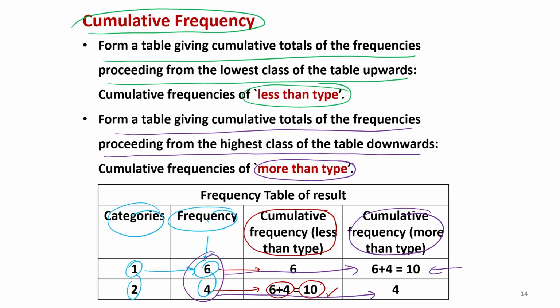So whatever process we followed in the case of less than type, we go the reverse way for the cumulative frequency of more than type. First you write the cumulative frequency of class 2, and then you move upwards and find the cumulative total, which is 6 plus 4. I am just giving you this example so that you can understand how it is done. Anyway, your job is going to be done by the R software.